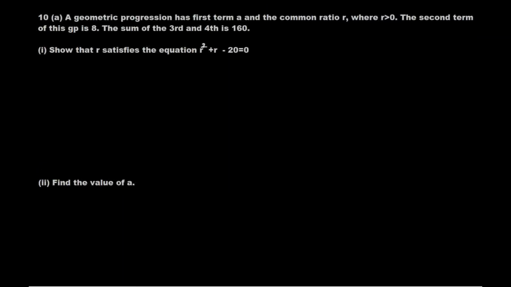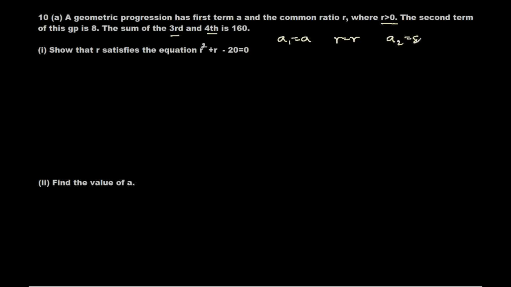A GP has first term A. So the first term A1 is actually A. The common difference is R, where R is greater than 0. The second term of the GP is 8. The sum of the third and fourth term is 160.